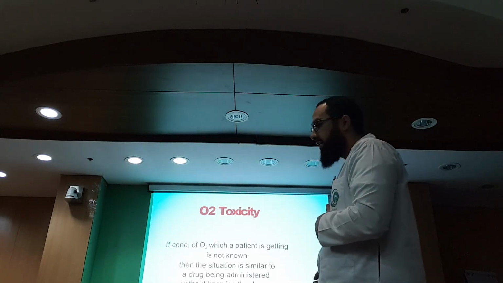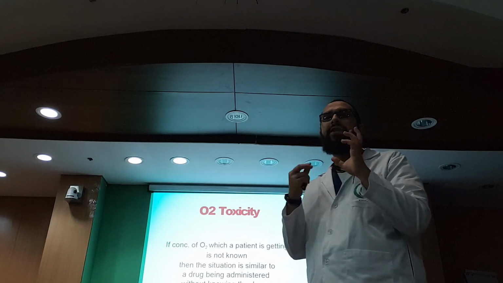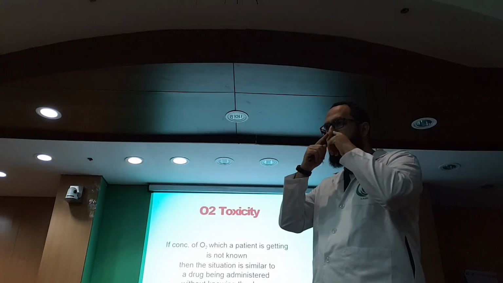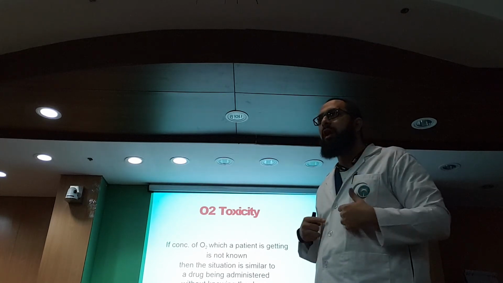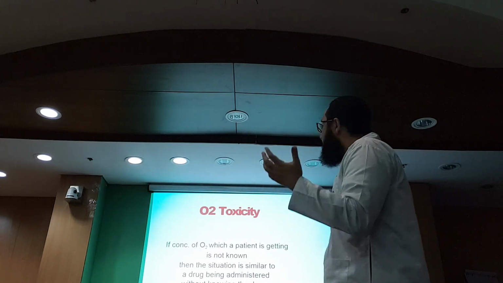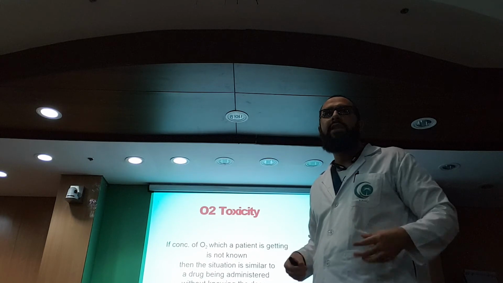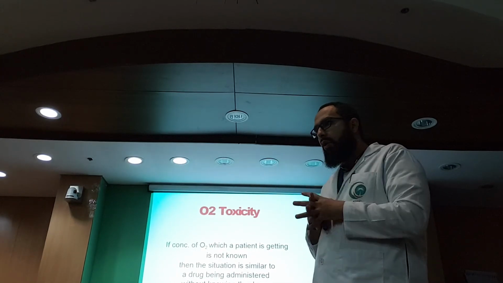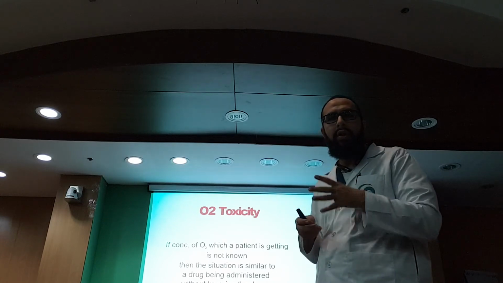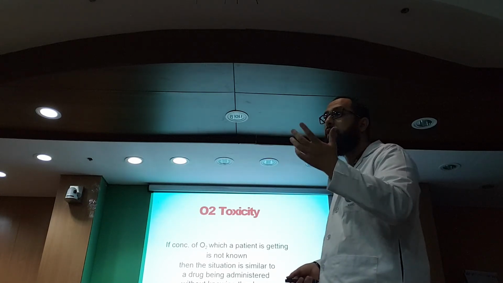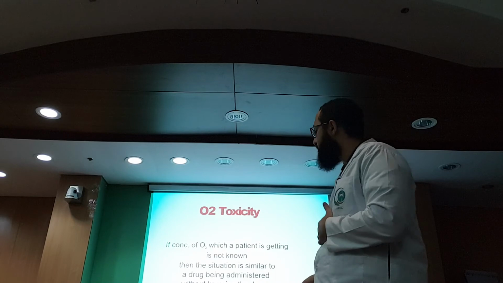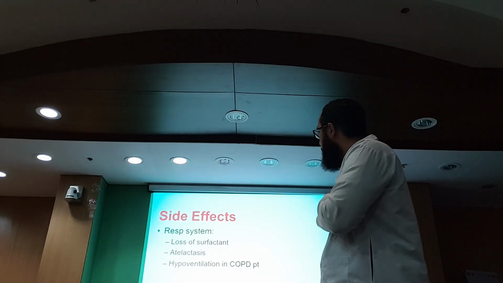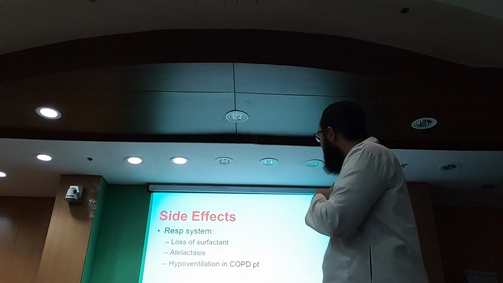So what is oxygen toxicity? If you have more oxygen, first it will damage wherever you are putting the oxygen. Maybe it will damage the nasal cavity, then the lungs, then even the cells in the body, because of the oxygen itself. If it increases, it will release something called free oxygen radicals, and it will even cause damage to other tissues. It will affect the lungs. It will cause atelectasis, collapse of the alveoli.